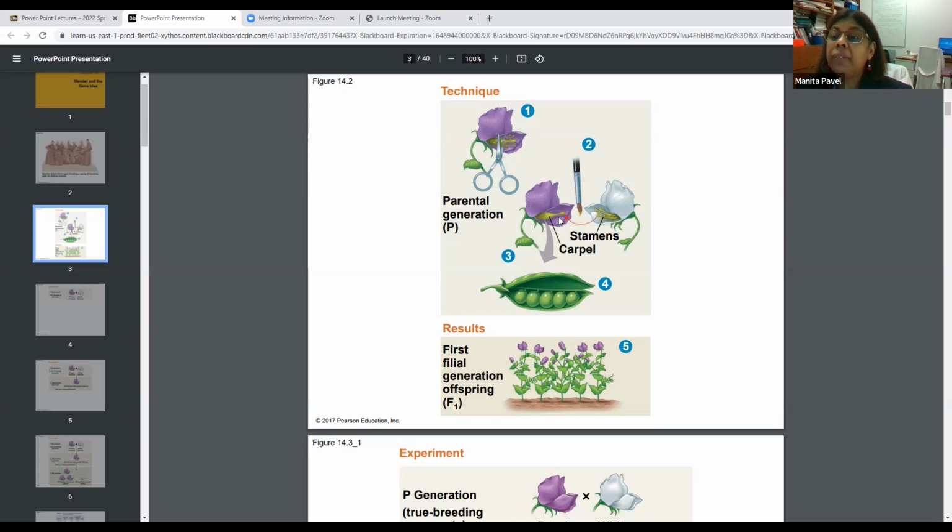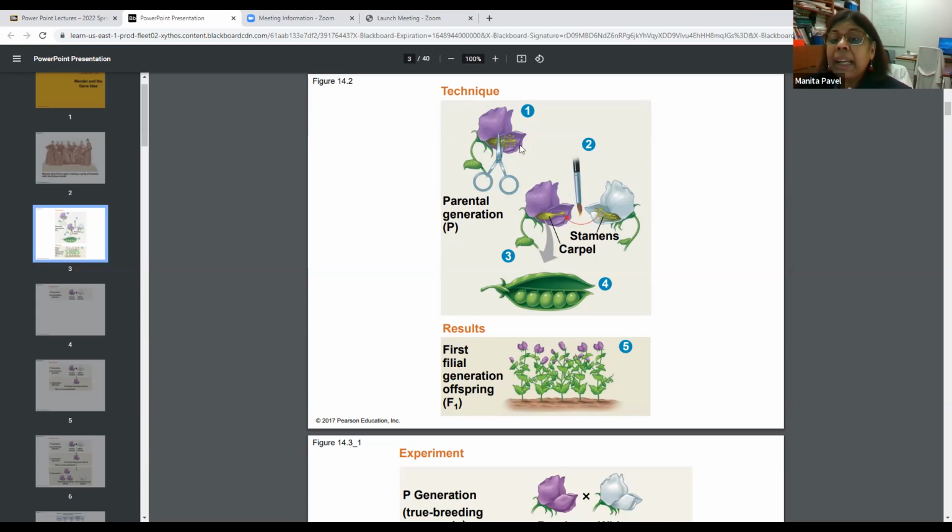This whole region is the female sex organ of a flower, which is called the carpel or the pistil. So it consists of the sticky stigma, the style, and the ovary, which contains ovules. Ovules are the seeds. So when you eat fruits like peaches, nectarines, plums, we are eating the female sex organ called the ovaries, and the seeds are the ovules.